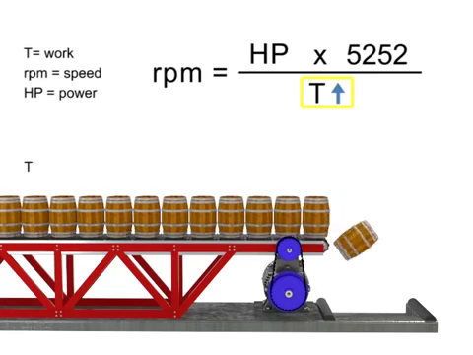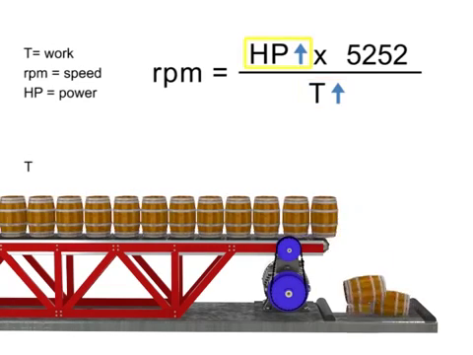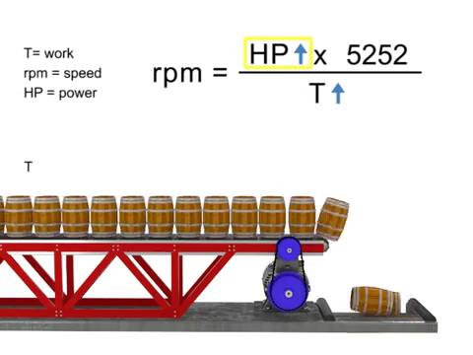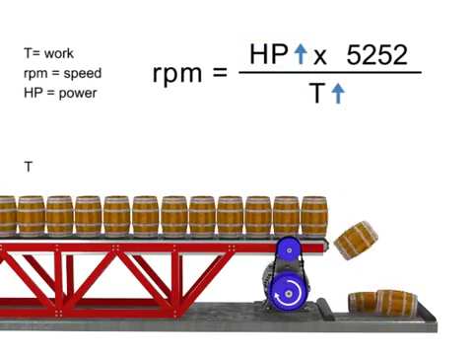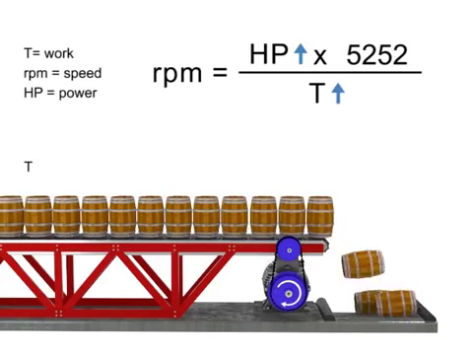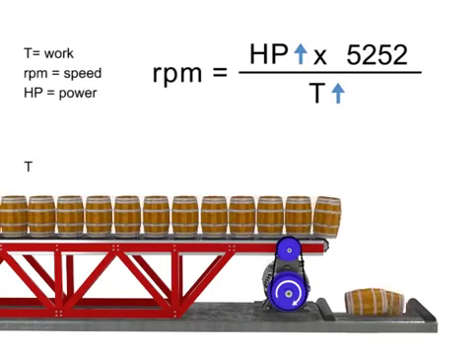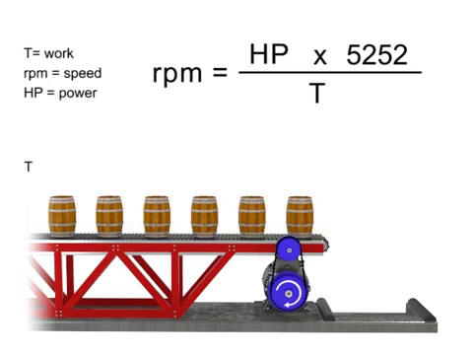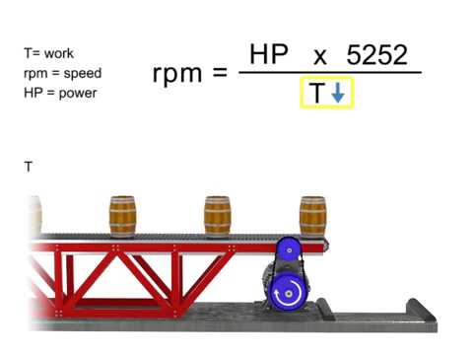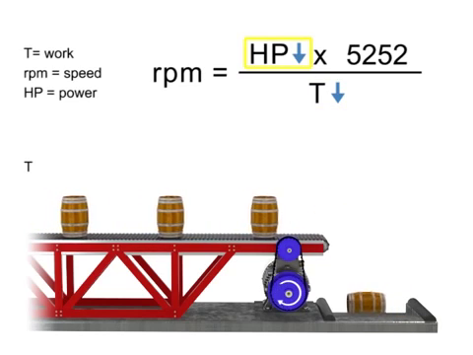If torque increases, horsepower also increases to compensate. This means a more powerful motor is needed to produce more torque at the same speed. Similarly, the opposite is true. If we wish speed to remain constant and decrease torque, then horsepower also decreases.